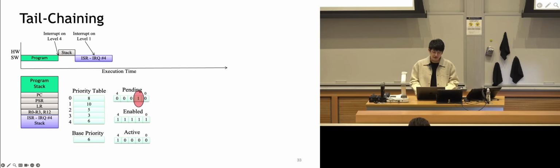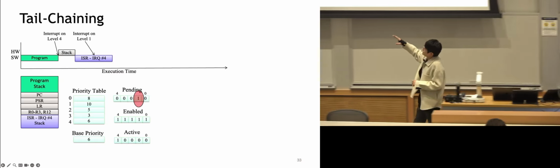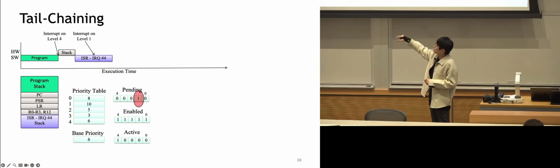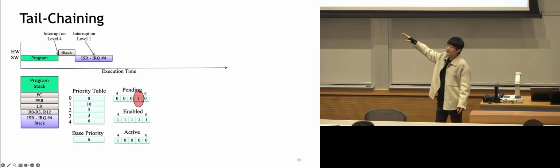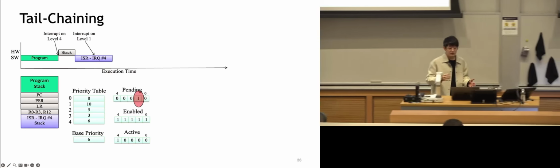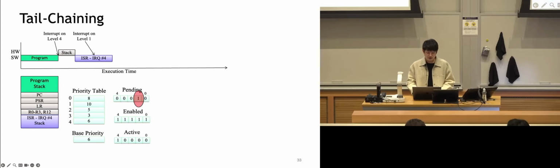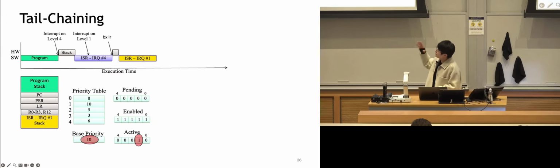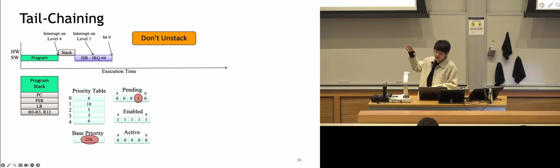So put it onto this nice timeline again. You have the index 1 interrupt being triggered during the execution of the index 4 interrupt, which has a higher priority, which is 6, higher than 10. So the current interrupt still gets to keep executing. However, when trying to go back to the main program, it knows that there's another interrupt already pending.